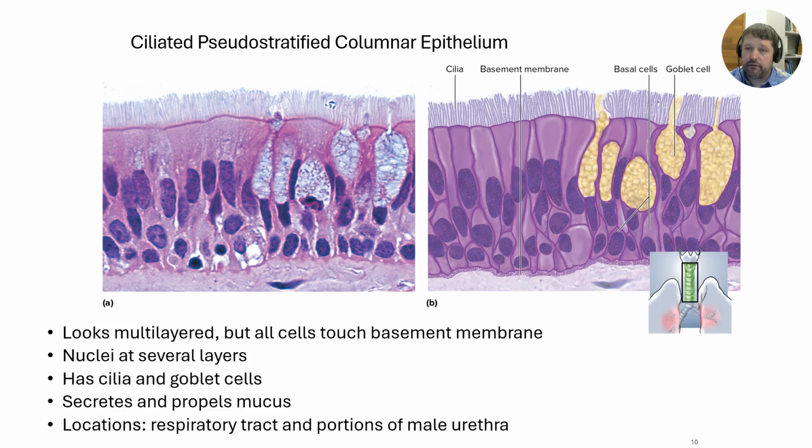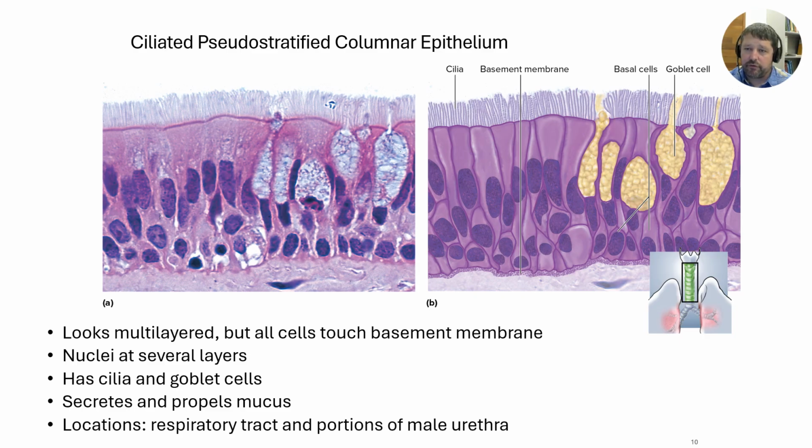Pseudostratified, again, can also be associated with different regions. Some of the intestinal tract may have pseudostratified. Definitely the respiratory tract will have this, where you might have cilia, and the job of cilia is to pick up foreign bodies and put them into mucus, and then that mucus can get rid of the material.